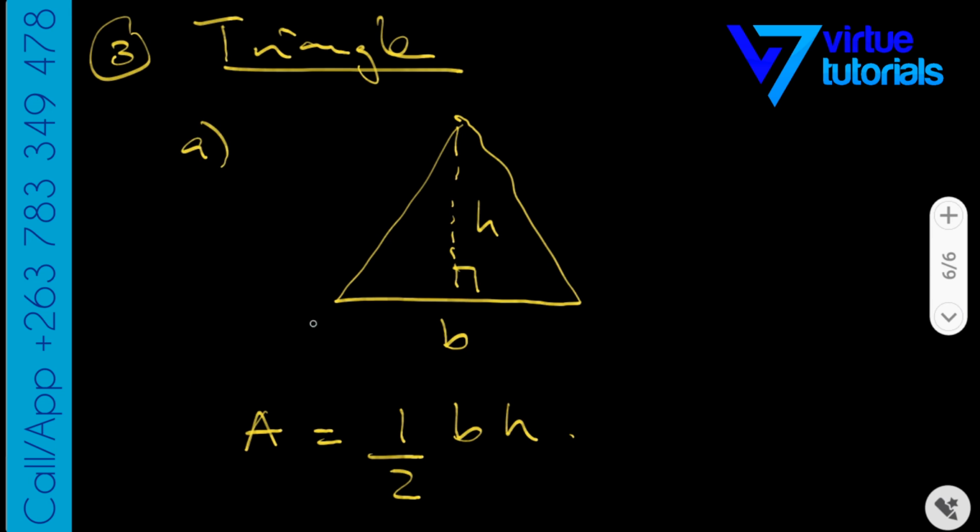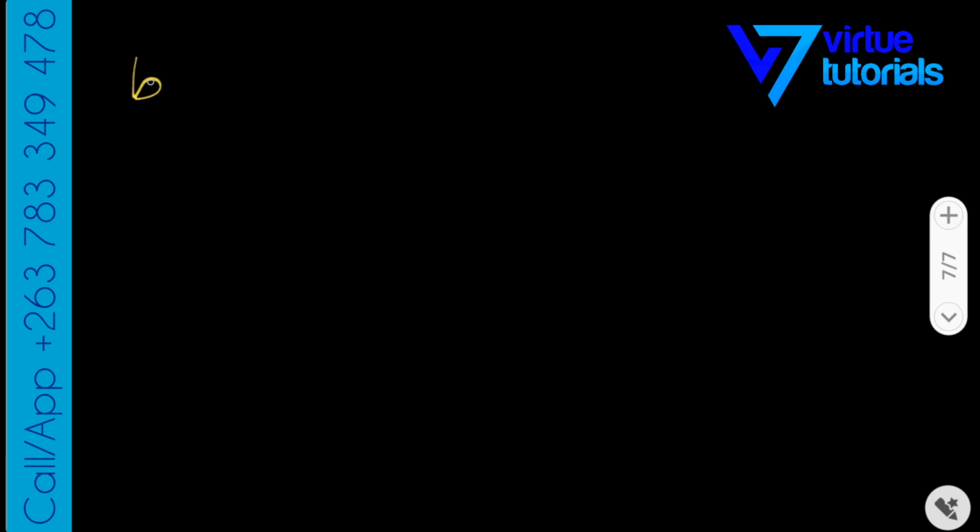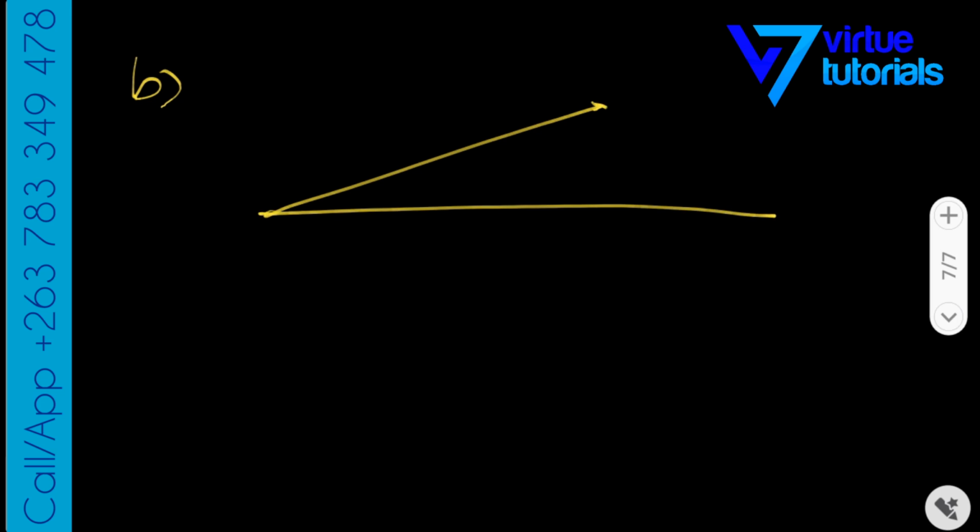However, there are situations where you come across triangles where you're not given the perpendicular height. You're given two sides, maybe this side is A and that side we'll call B, and in between the two you have an angle that we'll call theta.